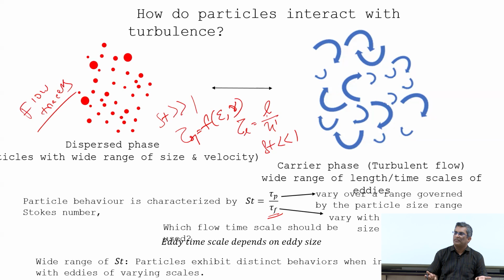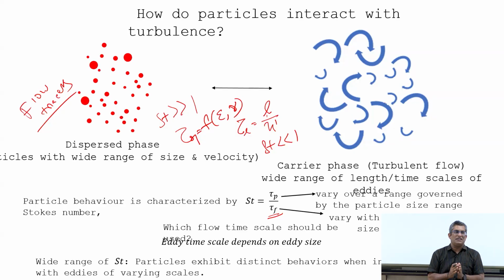But this brings us complexity, because you don't have particles of a given size. You have polydispersed particles. So now the behavior of each particle is different to different eddies, and if you change the particle size, because of size itself, the behavior is different.